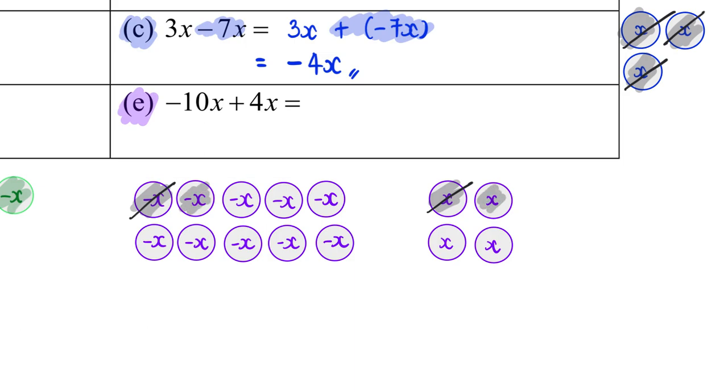Negative x and positive x, they make a zero pair. And so we are left with negative 1, negative 2, negative 3, negative 4, negative 5, and negative 6.